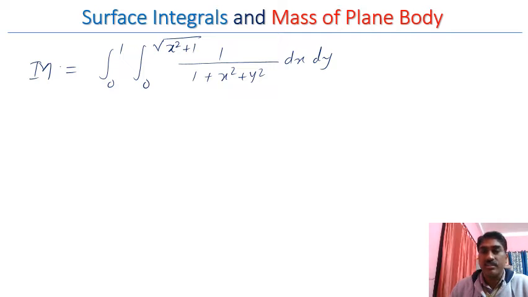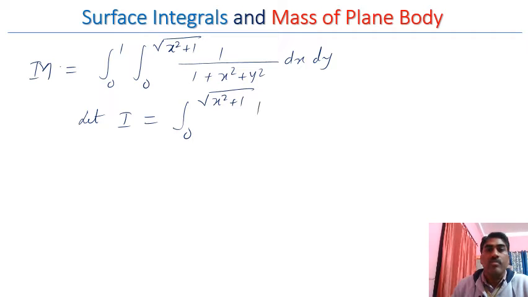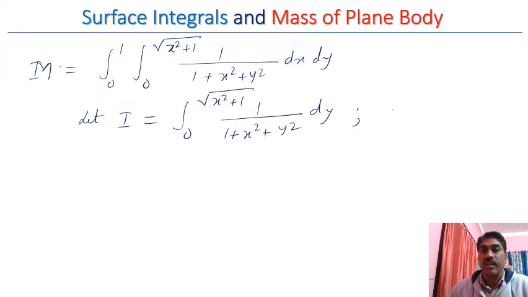We have already discussed a lot about this. So let I is equal to the integral from 0 to square root of x square plus 1 of 1 by 1 plus x square plus y square dy, and because x is constant here, we can take x square plus 1.